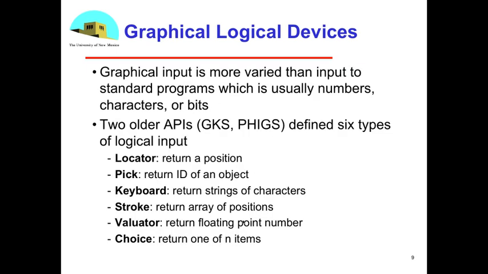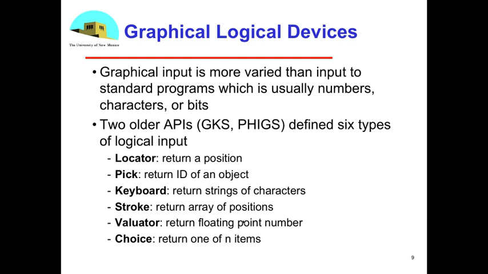Now, what changes when you get to graphics is that input can occur in a lot of forms. If you're used to just writing Java or C or C++ programs, then generally, if you're interacting with it, you're putting in characters which can represent numbers or strings, or perhaps you're getting input from files, and so you have bit-oriented stuff. But it's very, very limited. If you look at what you can do with a mouse or any of the other input devices, you can do much more complex things.